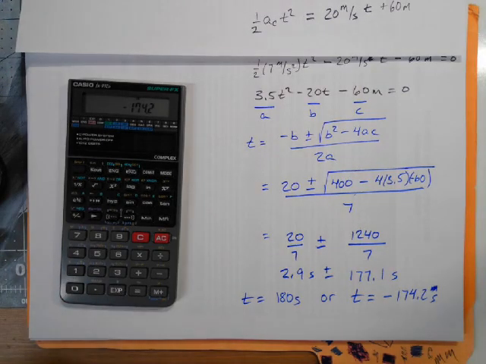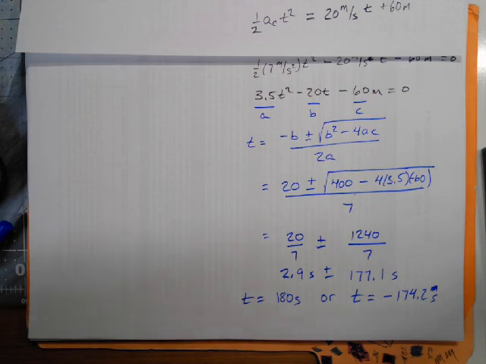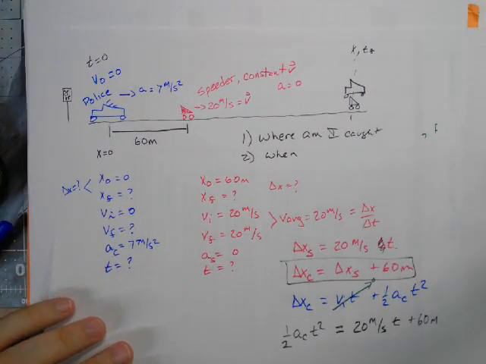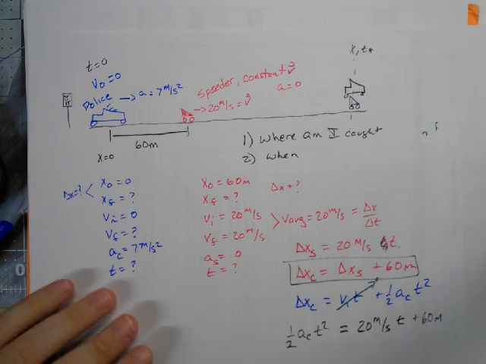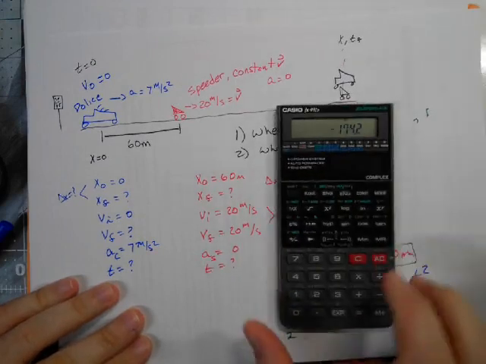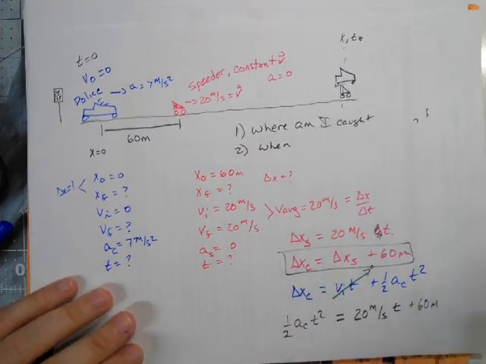So now we inspect our solutions. We have two solutions. One is obviously right, one is obviously wrong. You can imagine if you're driving along in this problem and a cop tries to pull you over, it might take 3 minutes. This is 20 meters per second times 2.25 is 45 miles an hour.